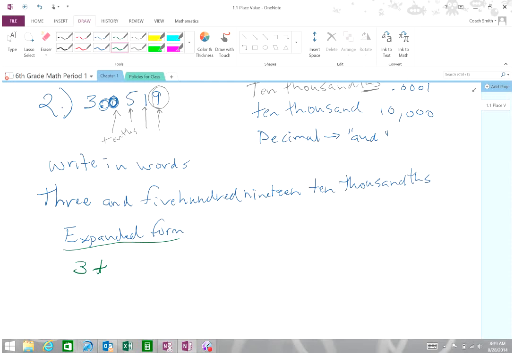So I move to the next digit. The next digit is the 5. So I put plus 0.05. Then I move to the next number, 1. So that would be plus 0.001. Then I move to the last number, plus 0.0009. And there is your expanded form for that number, 3.0519.